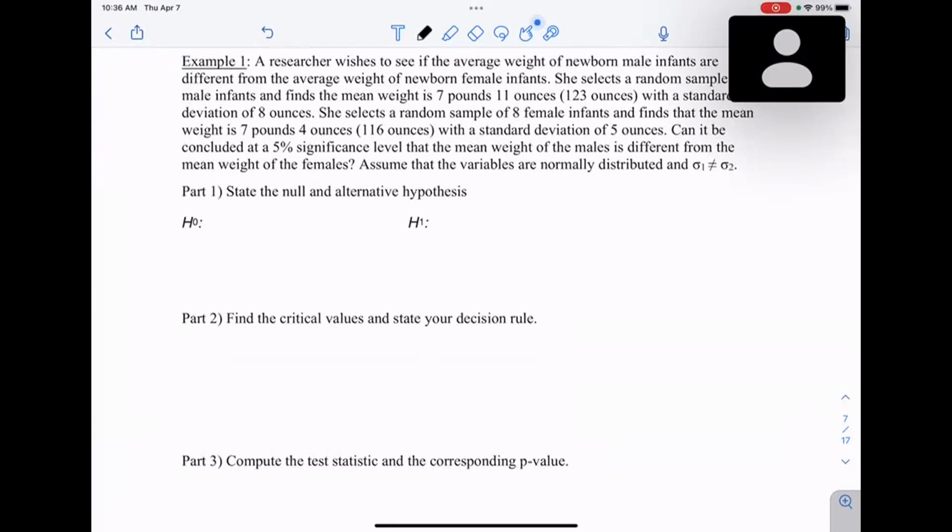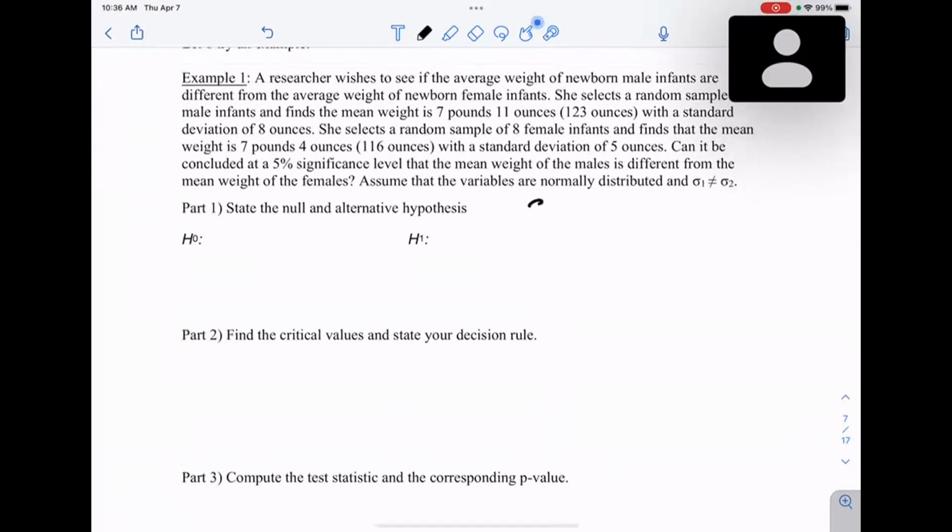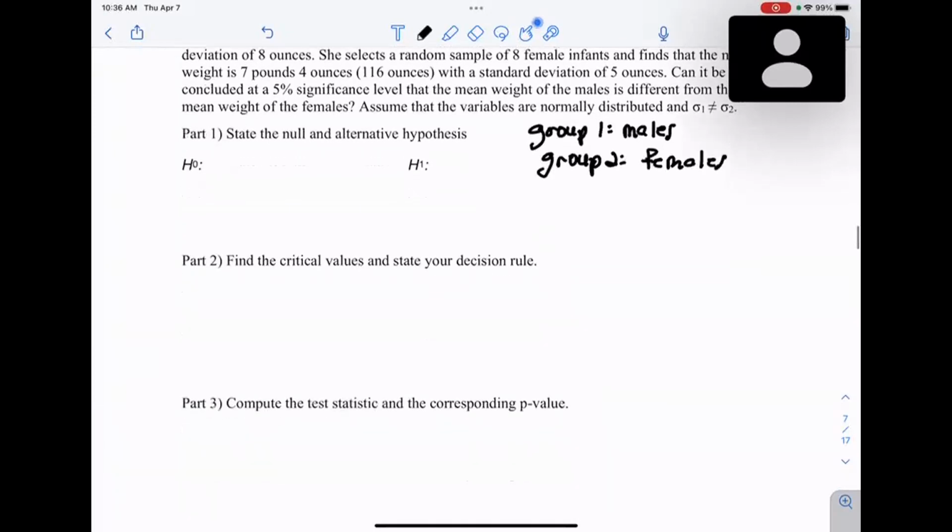Okay, so you can either say group 1 corresponds to the males. Group 2 corresponds to the females. And then using that, we have the null hypothesis is what?